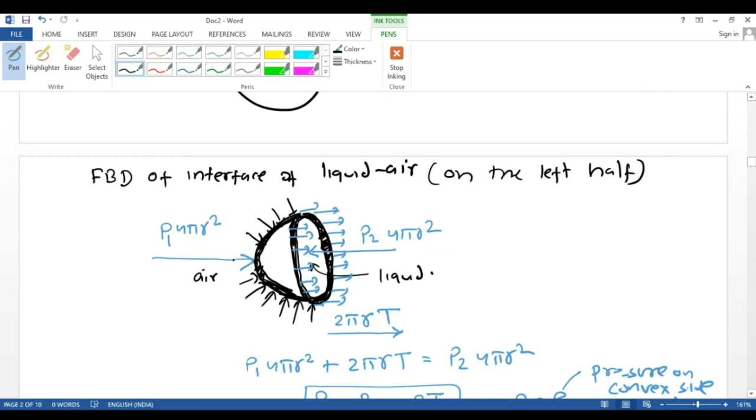It was a common mistake we were making: P1 into pi r square, and here P2 into pi r square. So we have to take the projected area for the resultant.